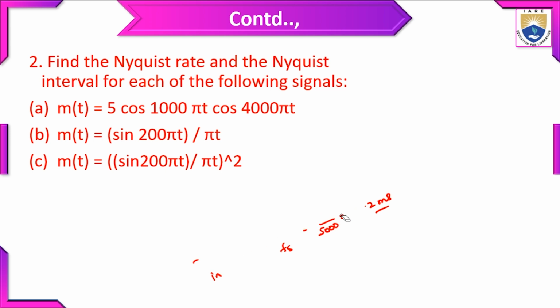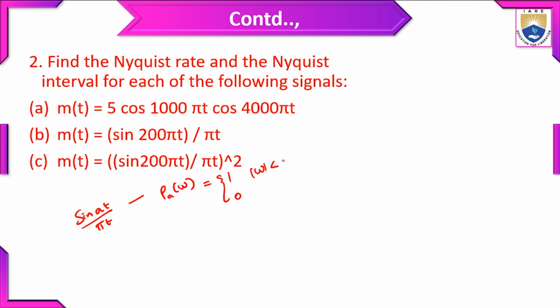Coming to the second problem, it is in the form of a sinc pulse, that is sin of at divided by pi t, which is equal to the function p of omega, which is equal to 1 for omega less than or equal to a, and 0 for omega greater than a.